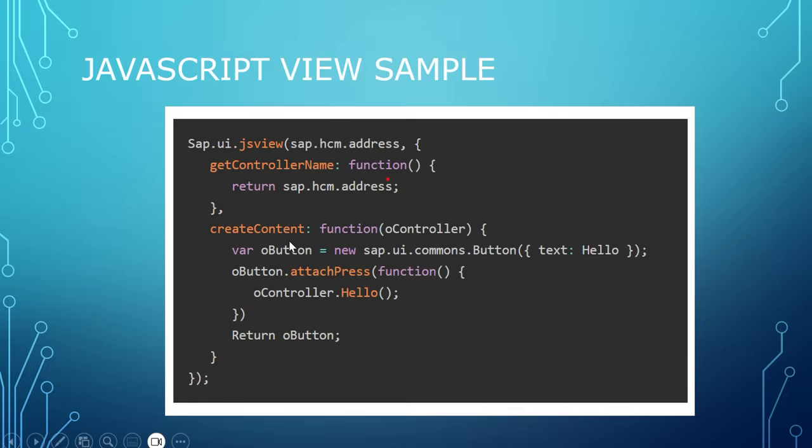These two are used, and it is ideal for complex logic but less preferred nowadays. Why? Because it also supports non-MVC architecture. When we need full control over UI behavior in JavaScript, we can go for this.